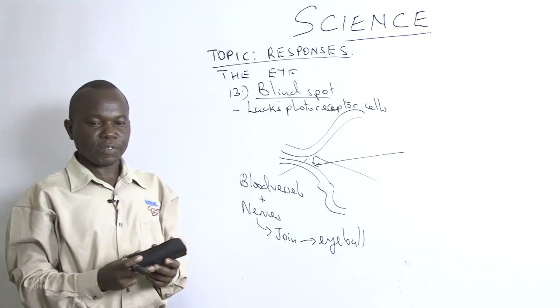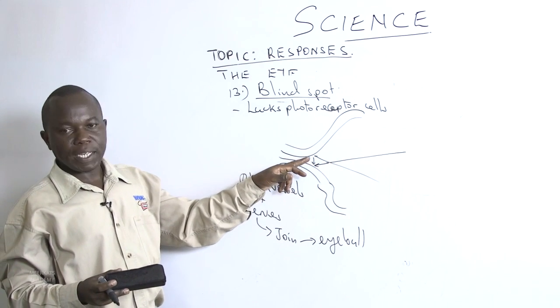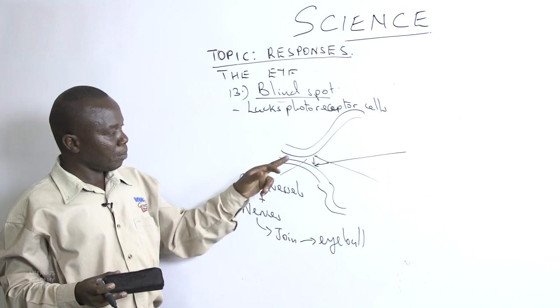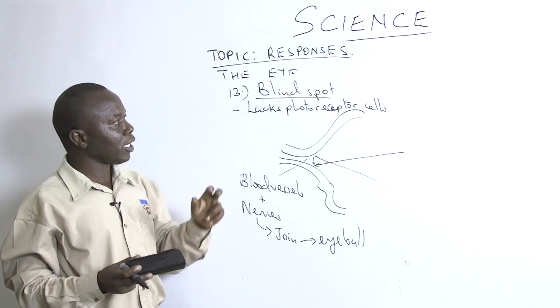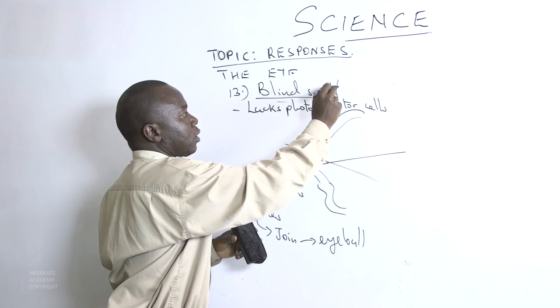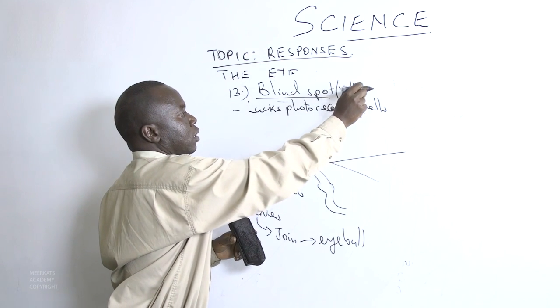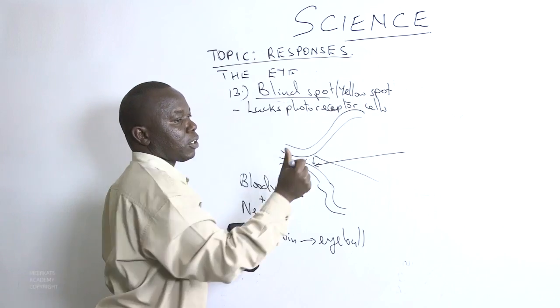So because it lacks photoreceptor cells, any light falling onto this point is not going to be seen. It's also called the yellow spot.